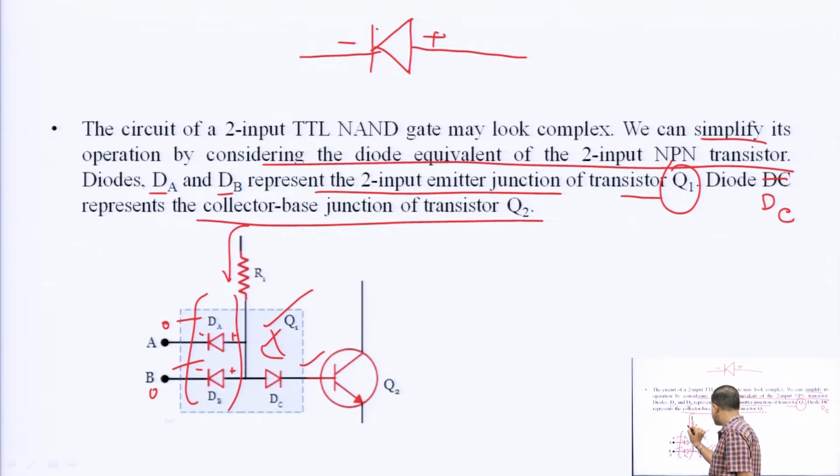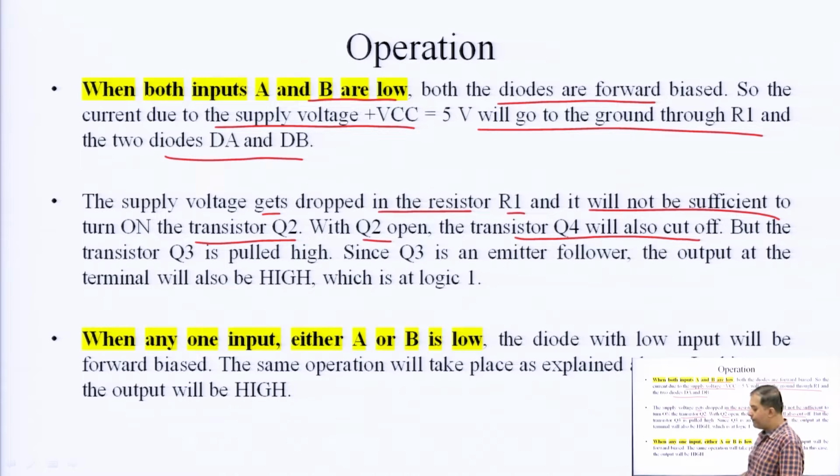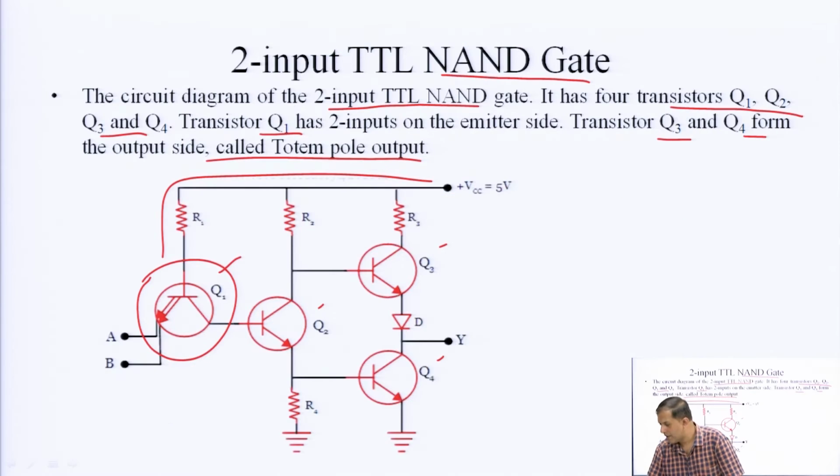So no current will go to the base of Q2 and Q2 will be off. If Q2 is off, Q4 will also be cut off, because this current is going to the base of Q4. As Q2 is cut off, Q4 is also cut off.